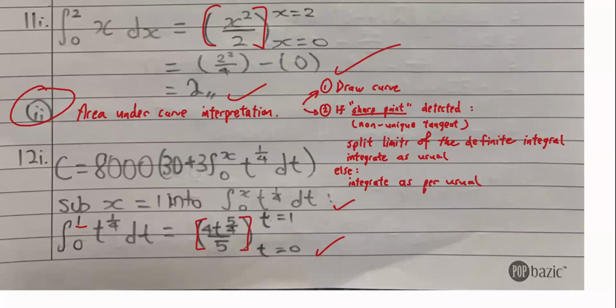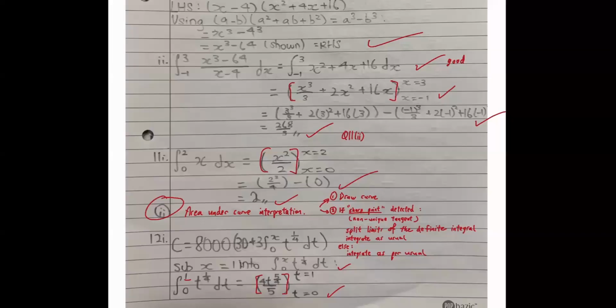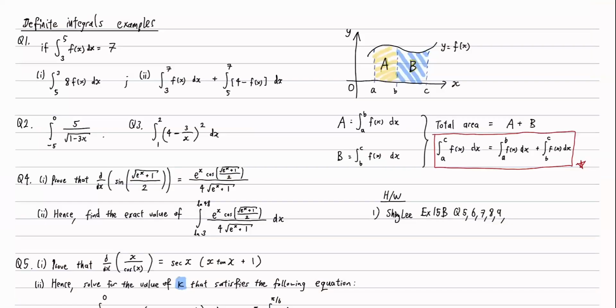For 11 part 2, what they are asking for is, 11 part 1 asks for the integral of x from 0 to 2. Then for question 11 part 2, okay, I need more space. Maybe I'll add a page here. I will add it to this new worksheet.